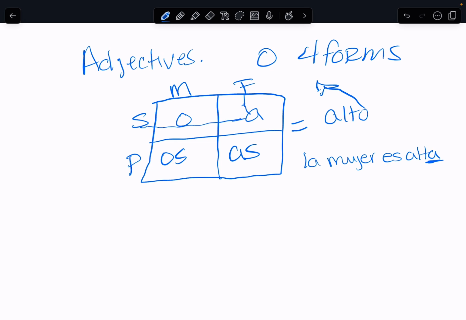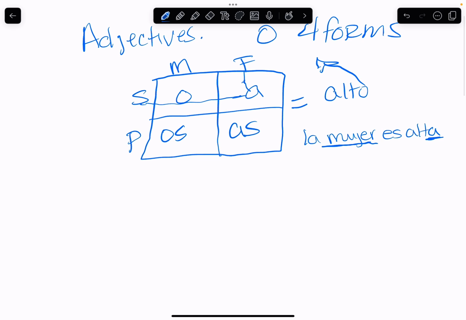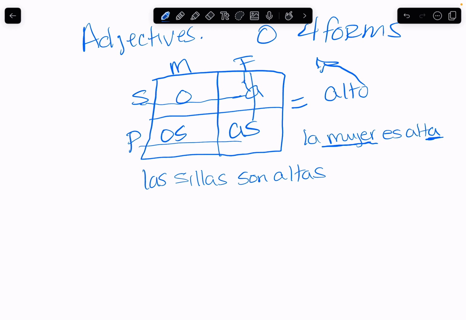So it depends on what you're talking about. This is feminine. Now, if I'm talking about sillas, which means chair, I would say las sillas son altas. Again, because this is plural, feminine, altas.